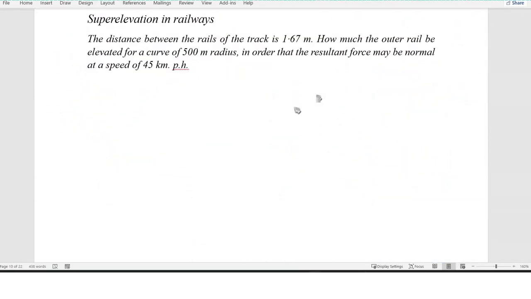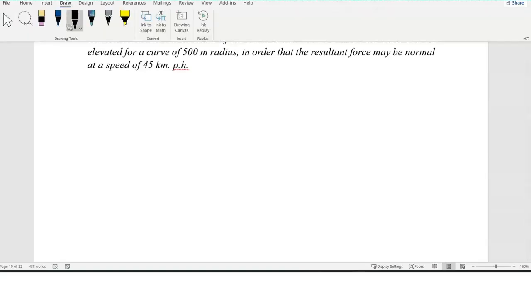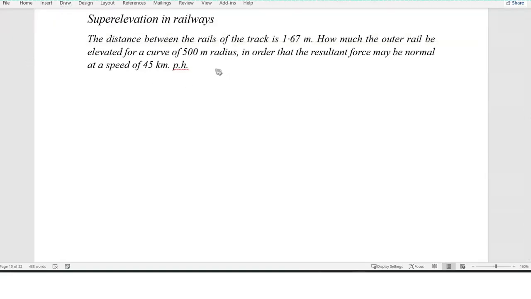So ladies and gentlemen, in this discussion, we are looking at superelevation in railways. So the distance between the rails of the track is 1.67 meters. How much must the outer rail be elevated for a curve of 500 meters radius in order that the resultant force may be normal at a speed of 45 kilometers per hour?